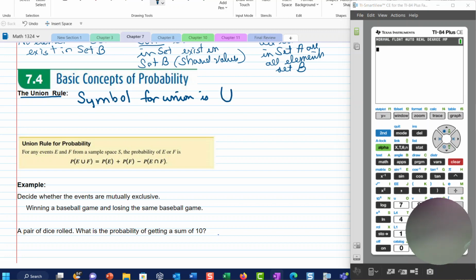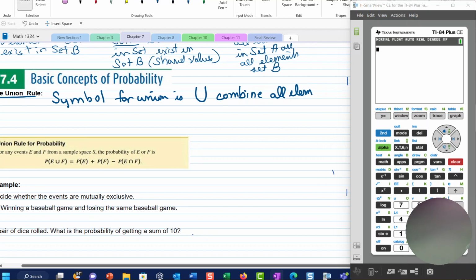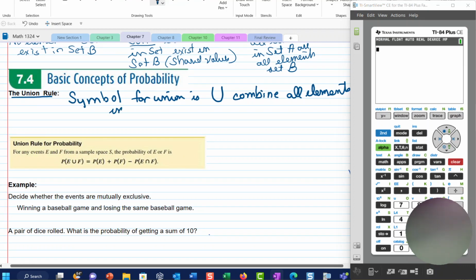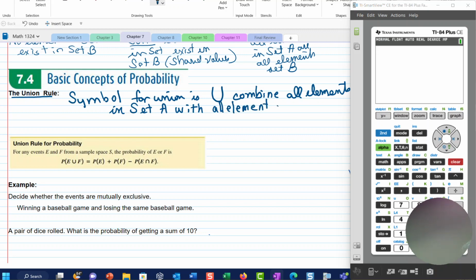It's an upside down U. And what it means is that we combine all elements in set A with all elements in set B without repetition.